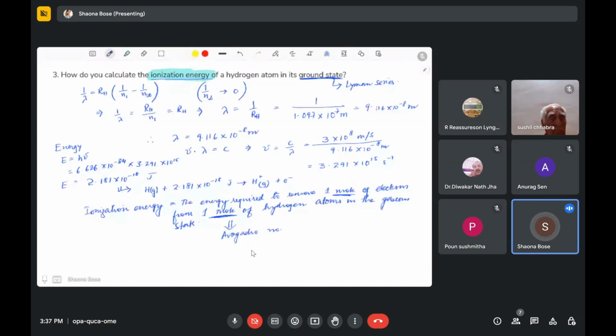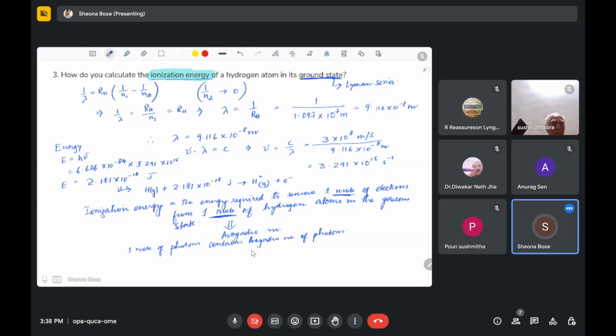Therefore, to convert this energy to kilojoules per mole, we'll again use another fact that 1 mole of photons contains the Avogadro number of photons.